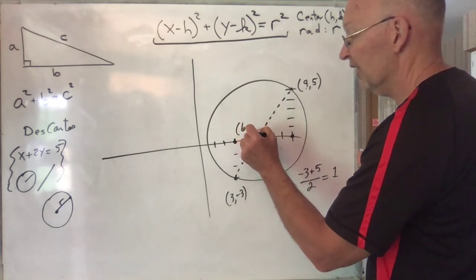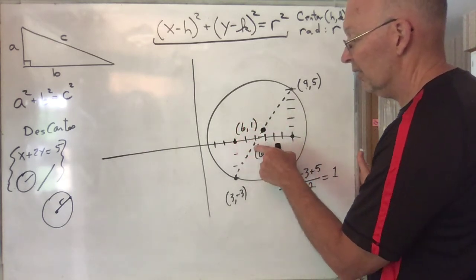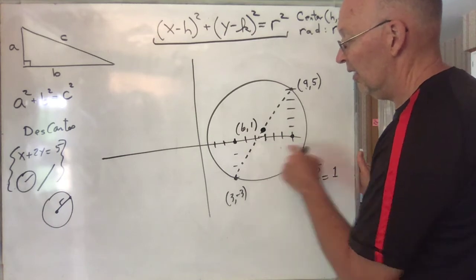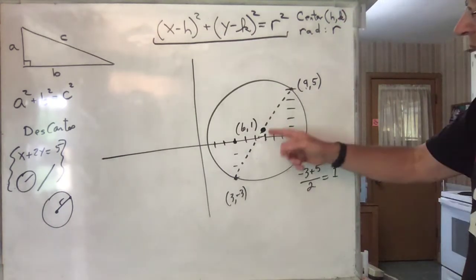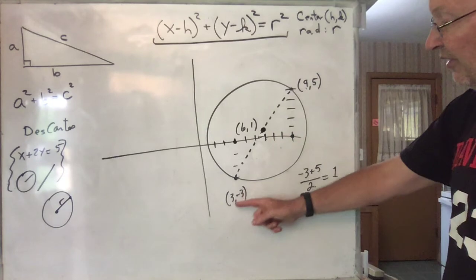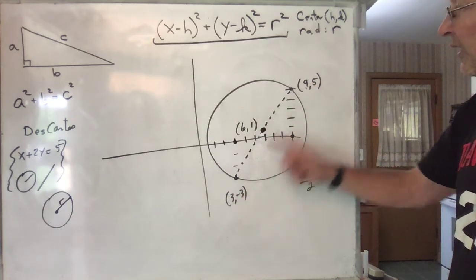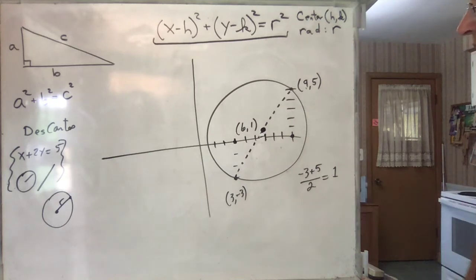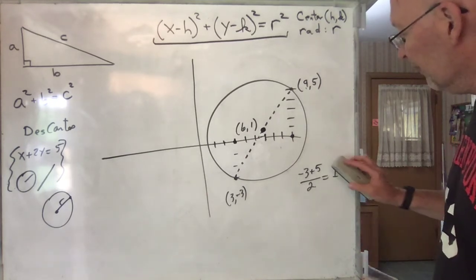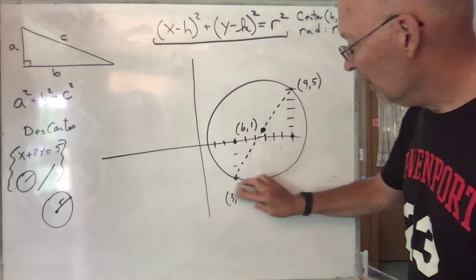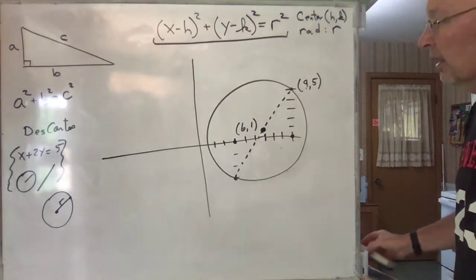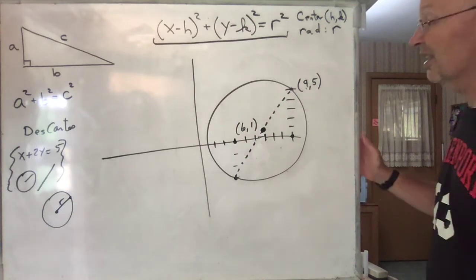The center is at the point (6, 1). Notice that 6 is halfway between 3 and 9, and 1 is halfway between negative 3 and 5. See that? So there's the center. Now that we have the center, can we find the radius?